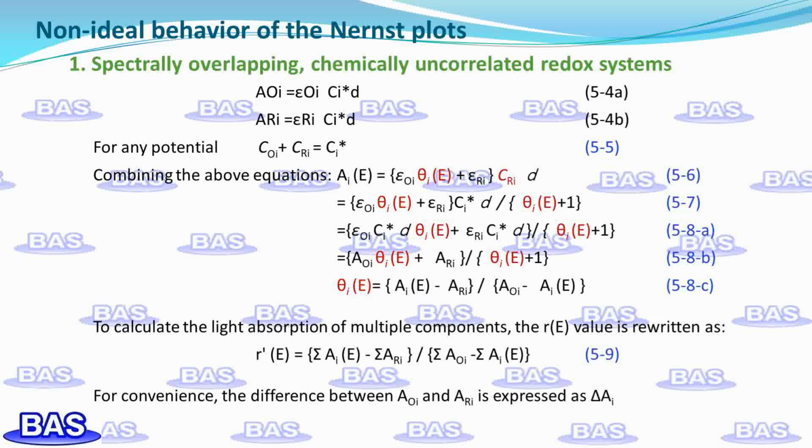The value of RE is rewritten as the total of the total absorbance of each component measured at potential E at reaction equilibrium minus the absorbance of each component in its fully reduced state, over the sum of the absorbance of each component in the fully oxidized state minus the total of the absorbance of each component measured at potential E. For convenience, the difference between the absorbance of oxidized component I, in the fully oxidized state and the absorbance of reduced component I, in the fully reduced state is expressed as delta AI.